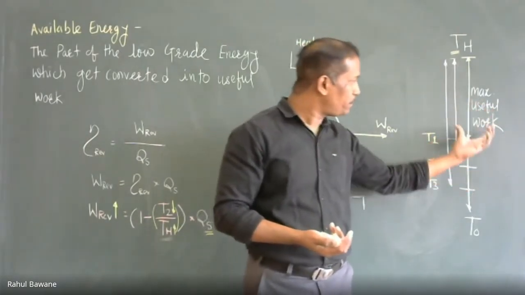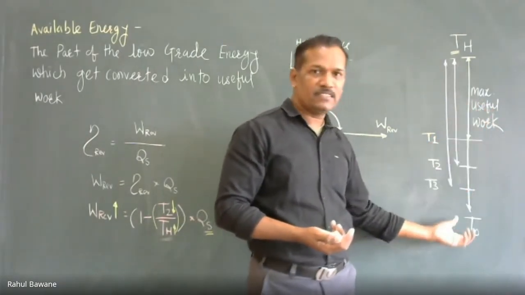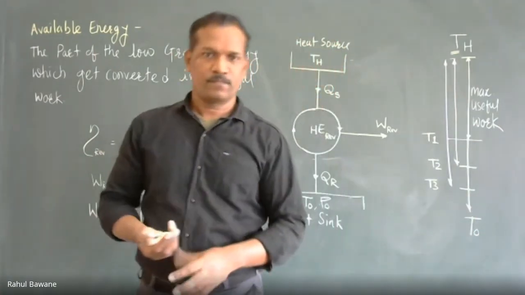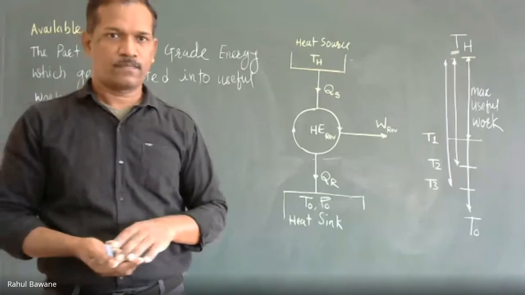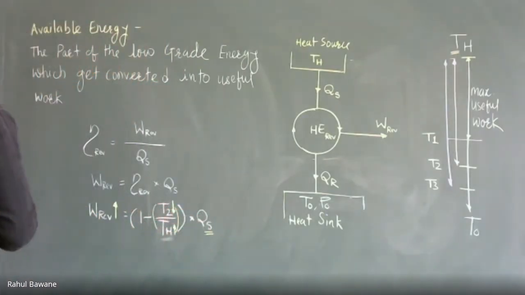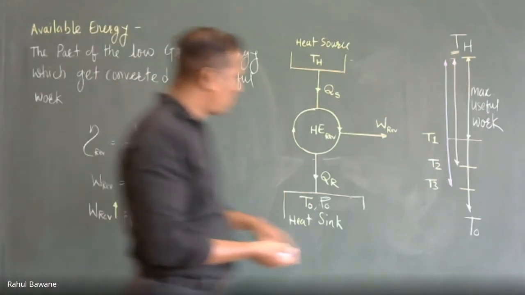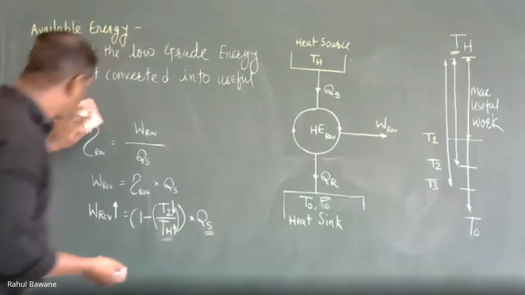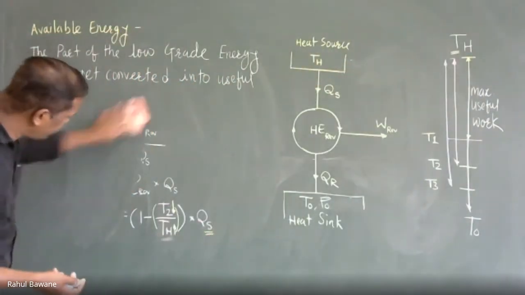So maximum possible useful work is when I reach dead state. Dead state can be explained with a very common example. What is meant by a dead state?